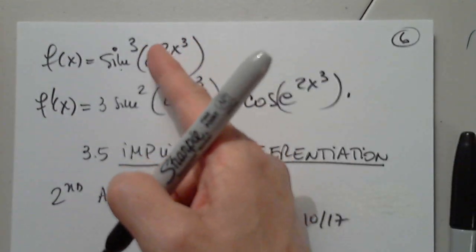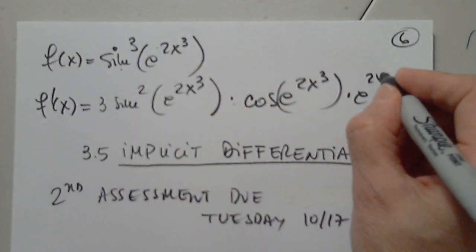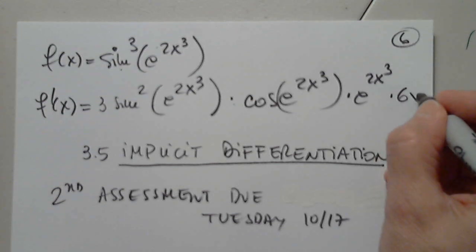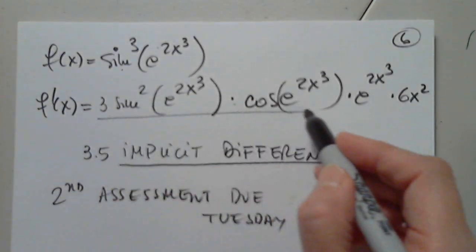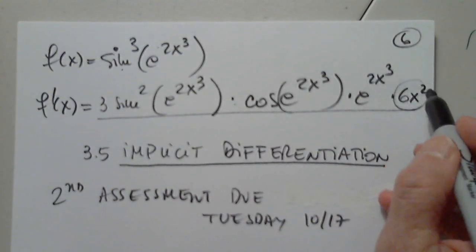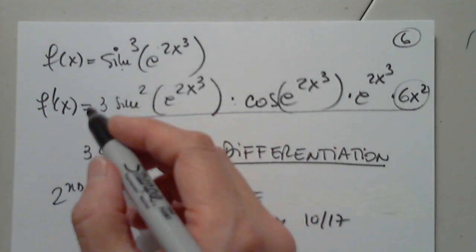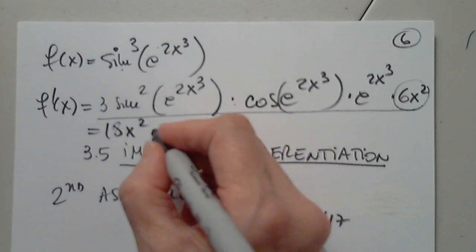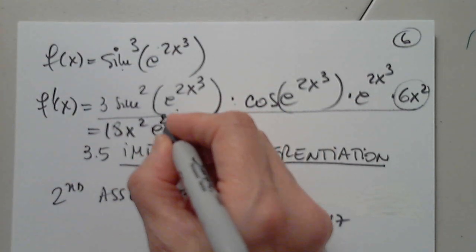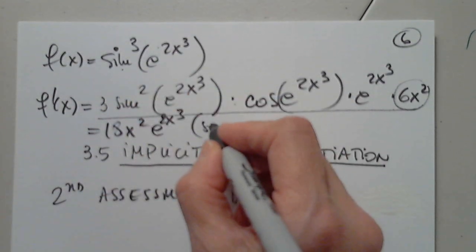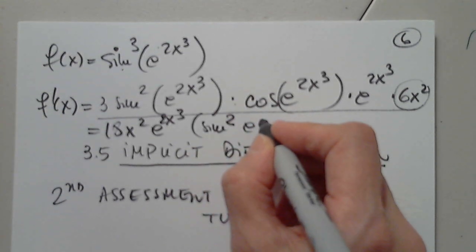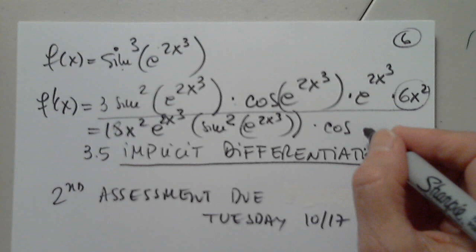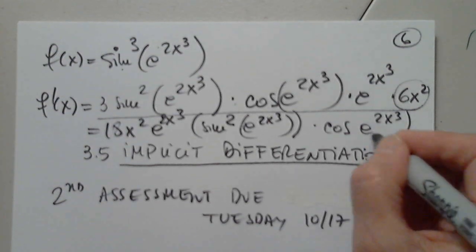Now I have to differentiate the inner function, which is e to 2x to the third, times the innermost function, which is 6x squared. And this is it. Yes, I will rearrange it by multiplying 6x squared by 3, so I have 18x squared, and then copy these 3. So e to the 2x to the third, and times sine squared of e to 2x to the third, and then times cosine of e to 2x to the third.